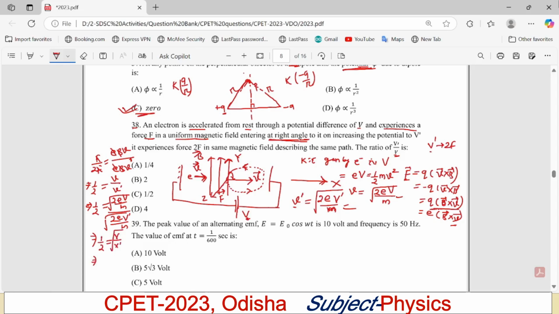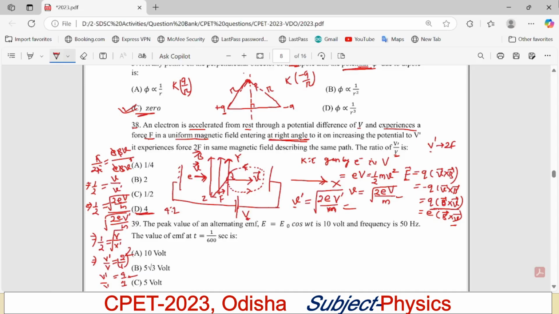That implies V dash by V will be equal to 2 squared by 1, which is 4 by 1. So V dash by V will be equal to 4 by 1. So answer D will be correct. In the answer it is given as 4, or we can write 4:1. So this is the procedure. Beautiful question. You just practice it.